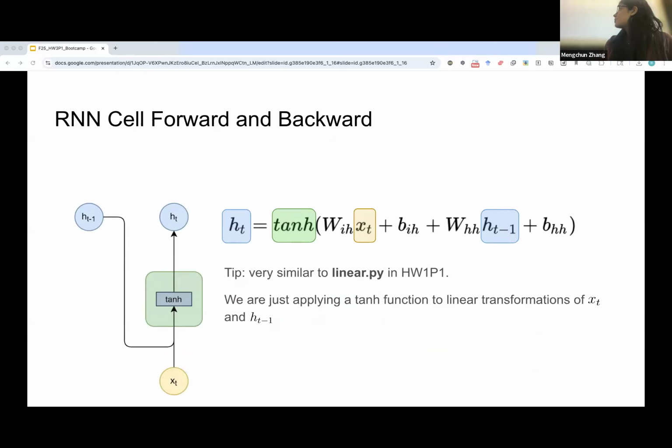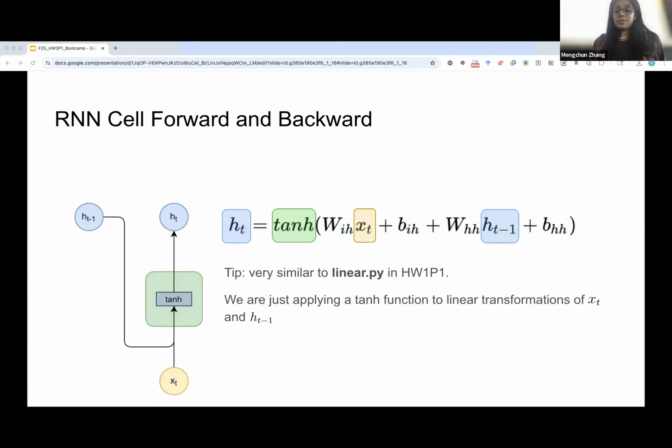In this slide, I've just shown how the hidden state that we study in class is computed. So xt is the input at time t, and ht minus 1 is the previous hidden state. You have the weights for the input as well as the hidden state, and then you have biases for both. And then you use the tanh activation function.